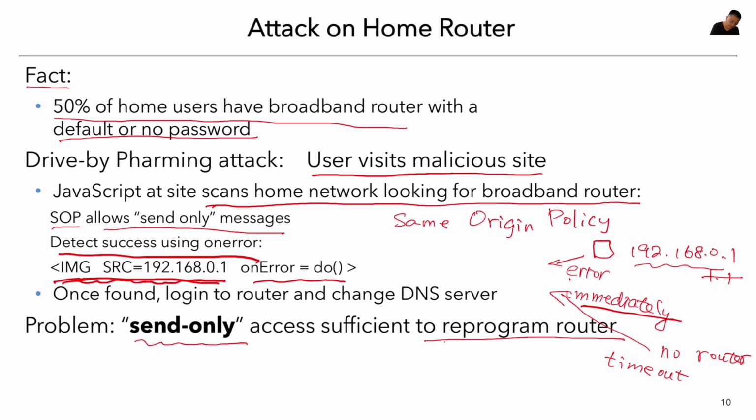Once you find a vulnerable router, you can log into the router and change the DNS server. When you control the DNS of the router, you can actually reroute any request you want to your attack server.